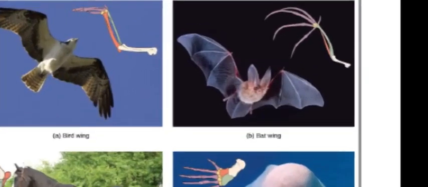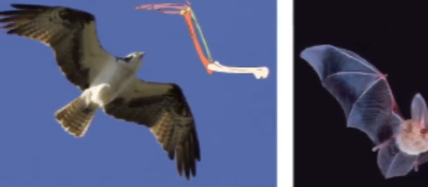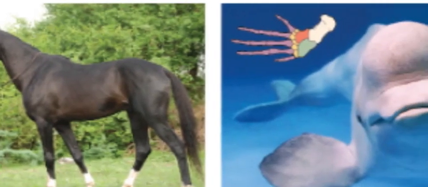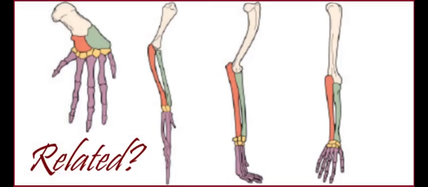Figure 12.6. Bat and bird wings, the foreleg of a horse, the flipper of a whale, and the arm of a human are homologous structures, indicating that bats, birds, horses, whales, and humans share a common evolutionary past.